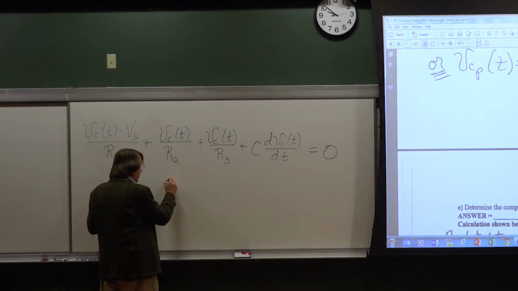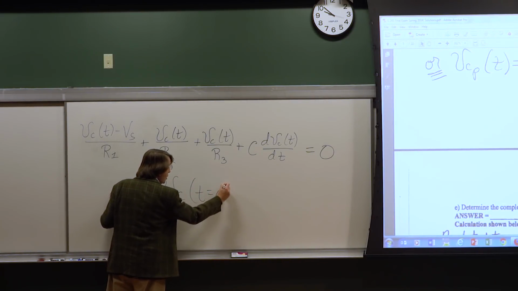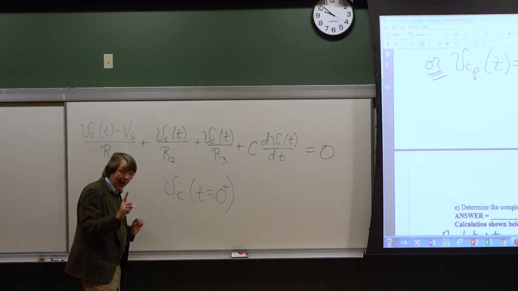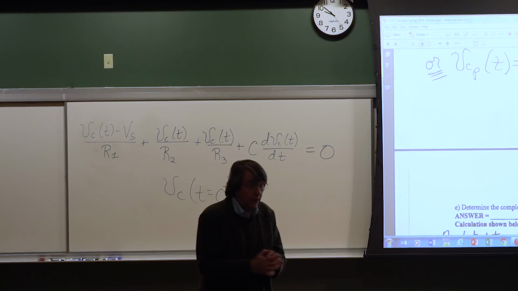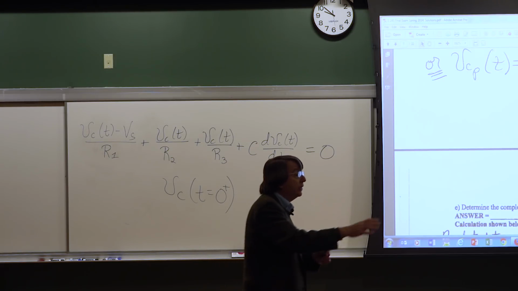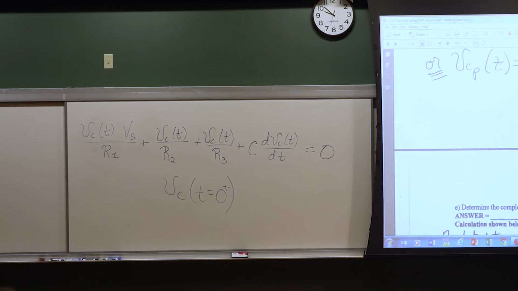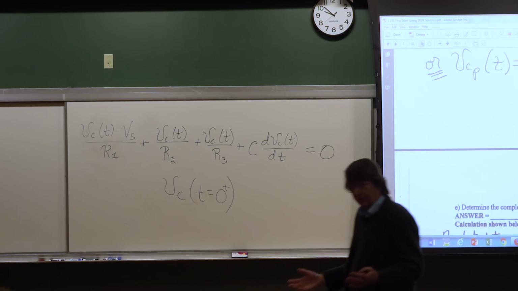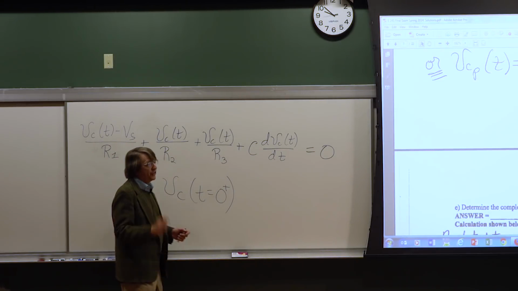What I want is v sub c at t equals 0 plus. Why? Because the equation that we just wrote, the homogeneous plus the particular, is defined for t greater than 0. So what I want is an initial condition at t equals 0 plus for v sub c of t. So that's what I want. Now, here is a beautiful thing you can do.